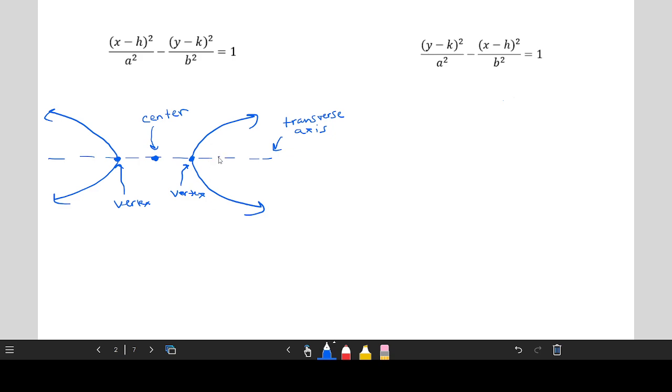And we have a point inside of each branch called the focus. How close the focus is to the vertex is going to be related to how wide or narrow the branches open.